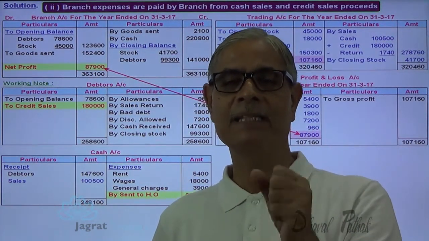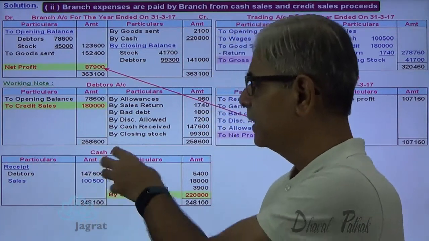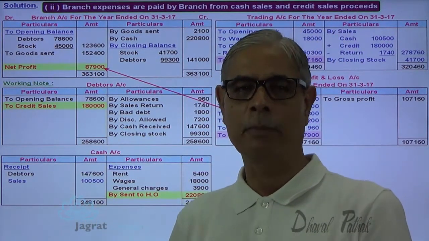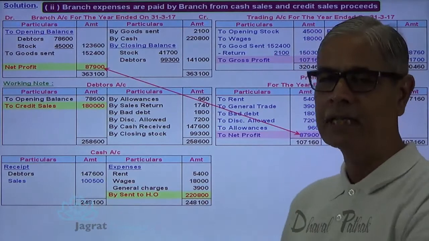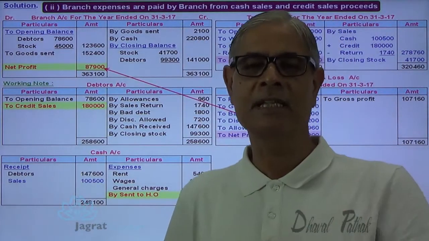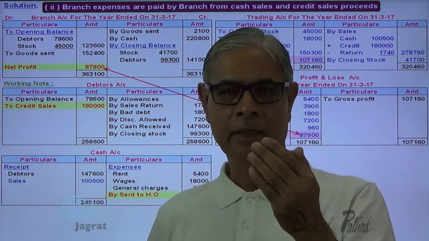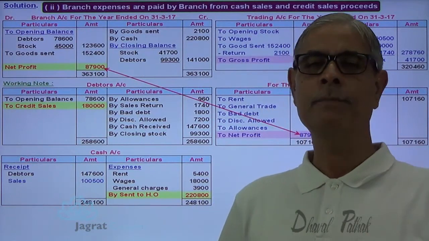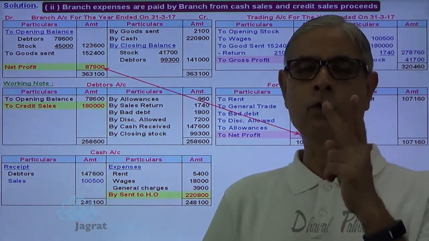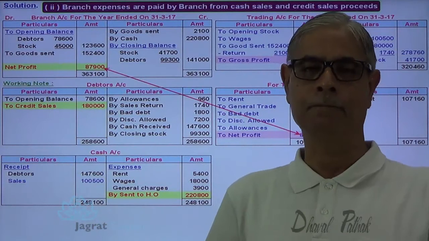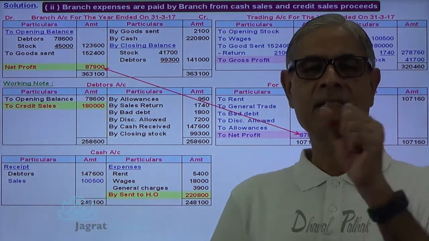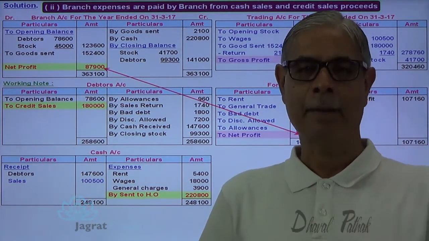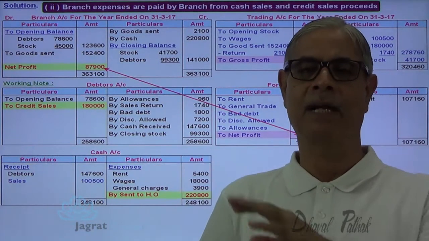But when the expenses are paid by the branch out of the proceeds, then a separate working note, a cash account, is to be prepared to find out the remittance made by the branch to HO. This is how the difference in presenting the sum is being explained to you by taking two options at a time in one sum.